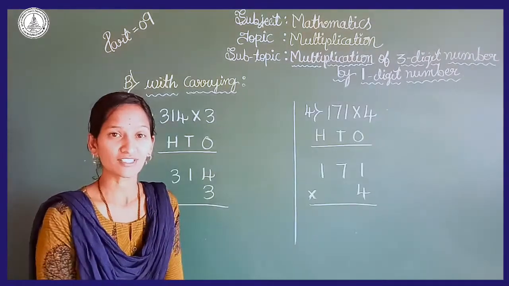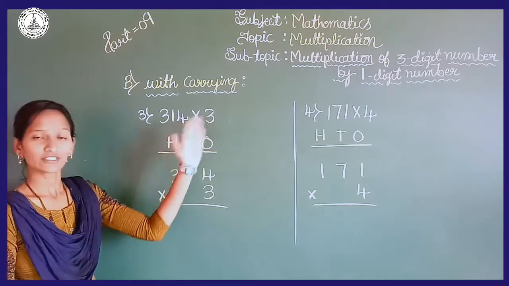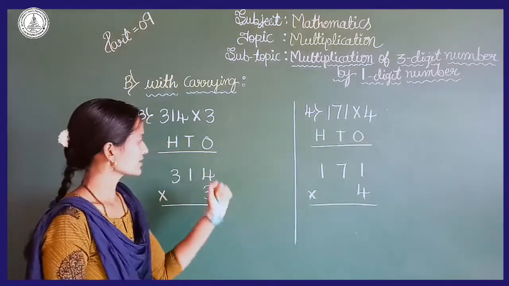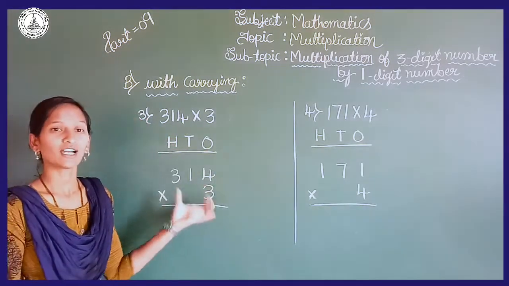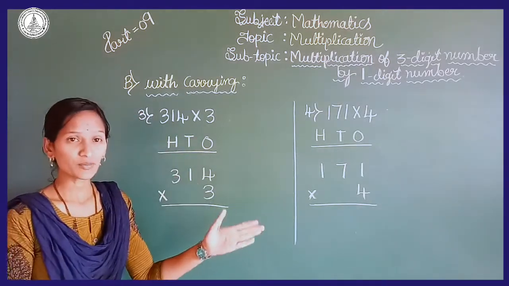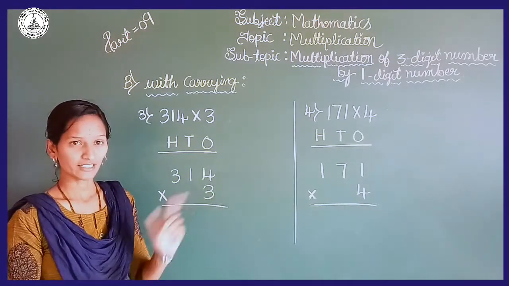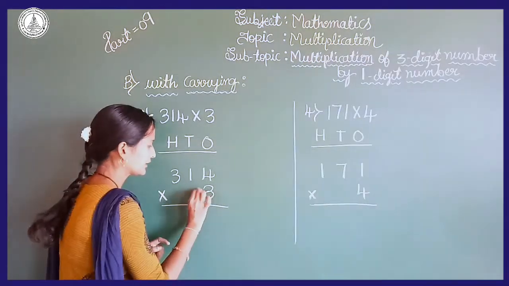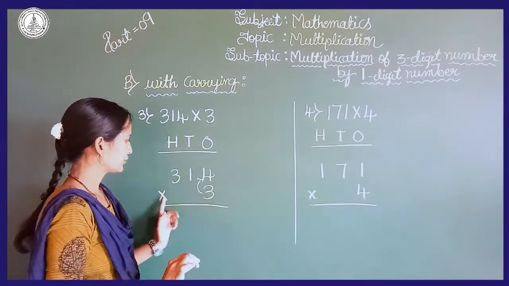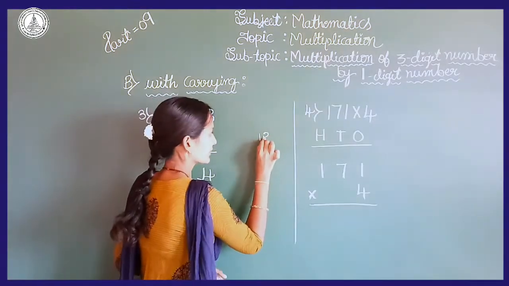So my dear students, now come to the next problem, that is 314 into 3, right? First you have to write down the numbers under the columns of hundreds, tens and ones. The next procedure is to multiply with the multiplier, right? So here 3 into 4. 3 fours are 12, right?